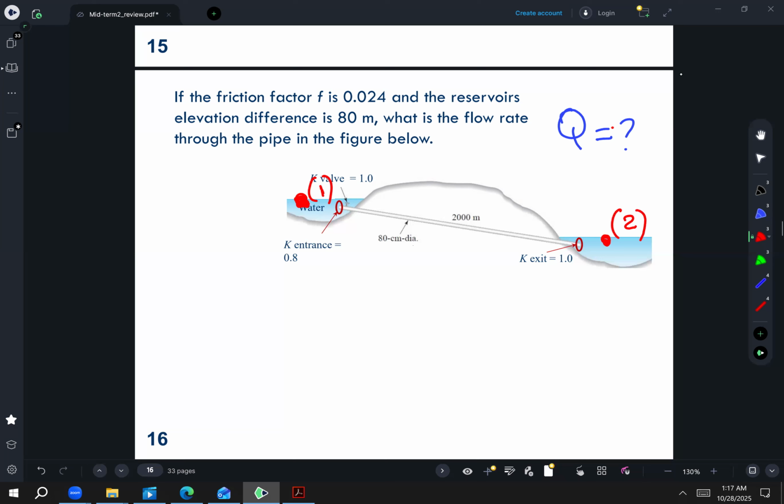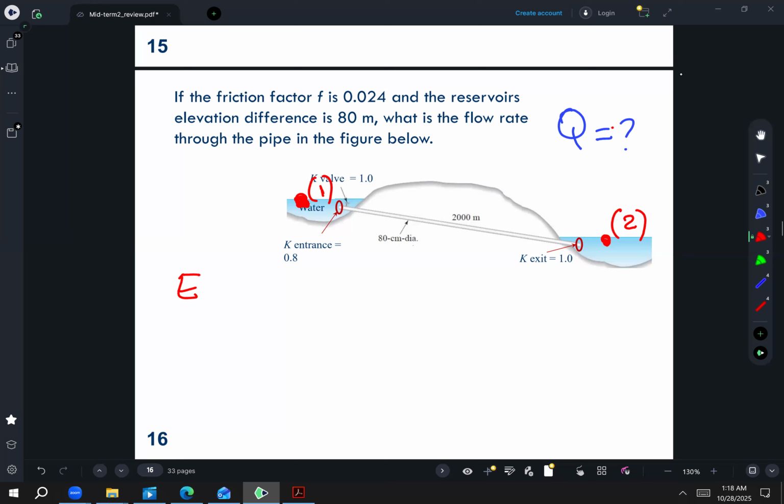The reason I am choosing those points is because the pressures at points 1 and 2 are atmospheric, so that can simplify the problem. And also because the velocities at 1 and at 2 are equal to 0. That's going to simplify the problem.